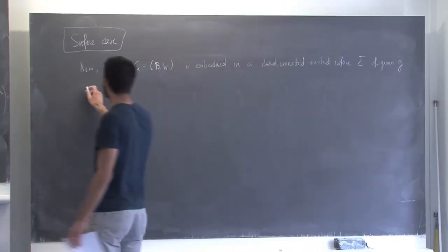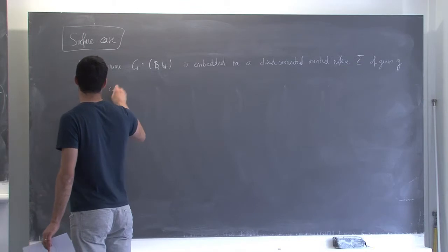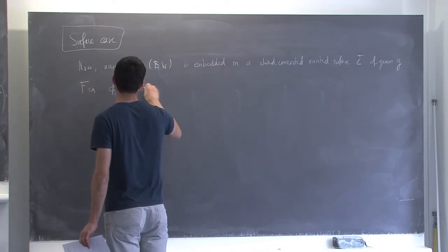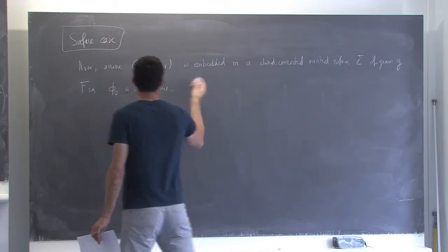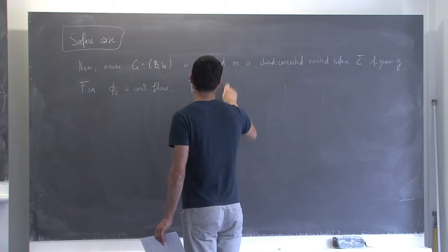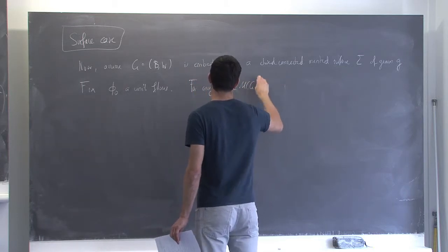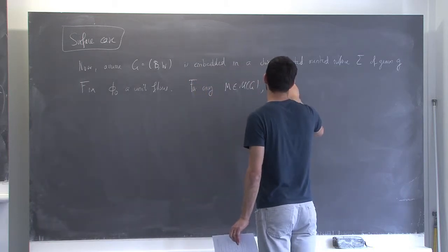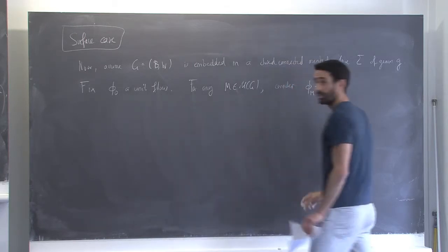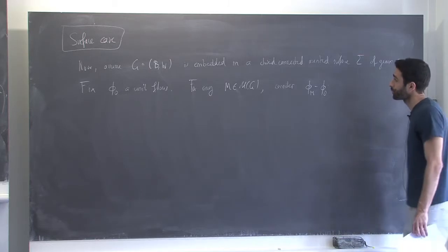So of course you can still fix some unit flow. And now for any perfect matching, consider phi m minus phi 0. You can look at this.